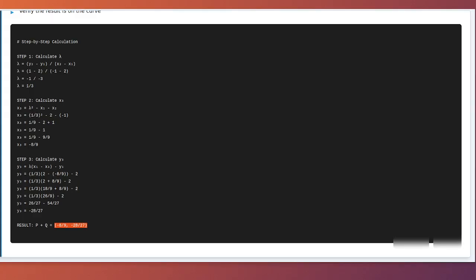Left side. (-28/27) squared equals 784/729. Right side. (-8/9) cubed minus 2 times (-8/9) equals -512/729 plus 16/9. Converting 16/9 to 729ths, 16/9 equals 1296/729.